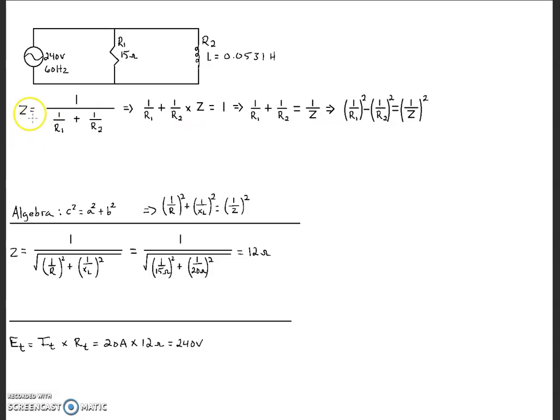If we take RT, we'll just call it Z, equals 1 over R1 plus 1 over R2 plus 1 over R3, and so on. I just picked two resistors here. If we invert this formula and do some canceling, we end up with this. Then we get rid of the Z, dividing by Z, and we end up with 1 over R1 plus 1 over R2 over Z.